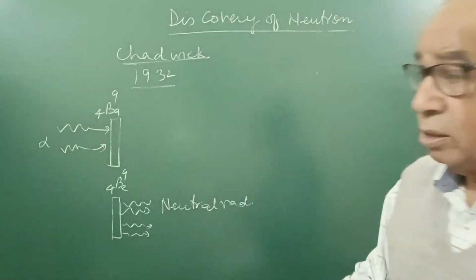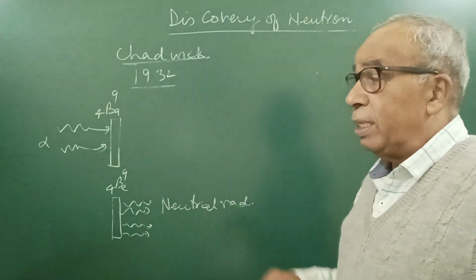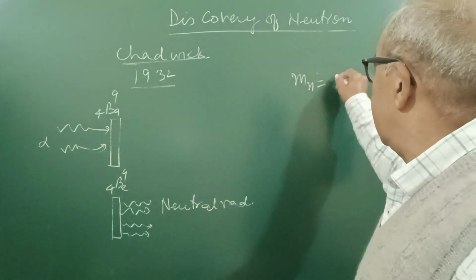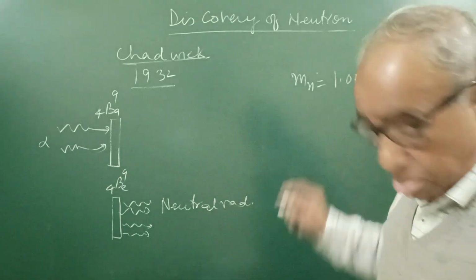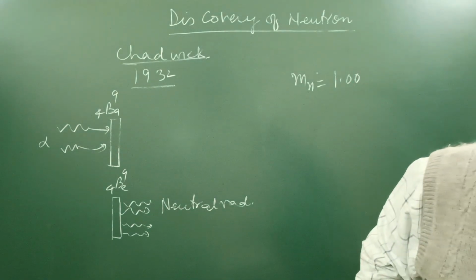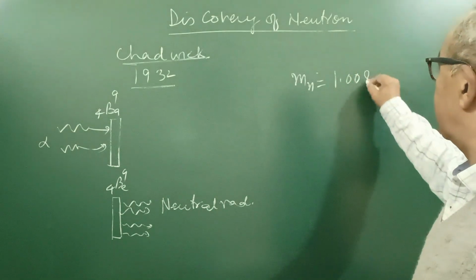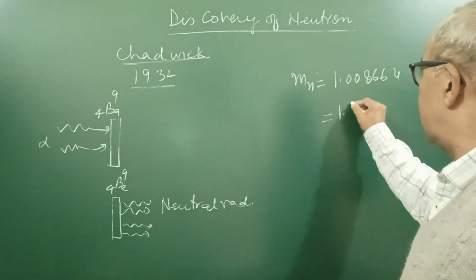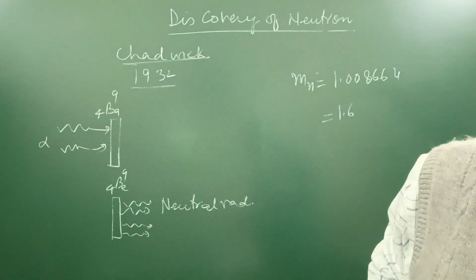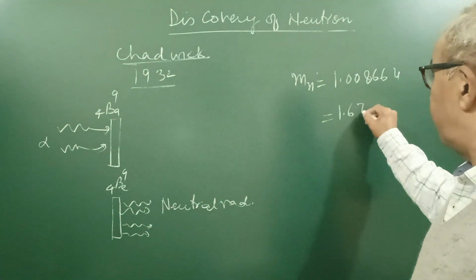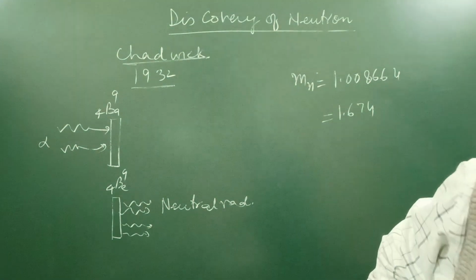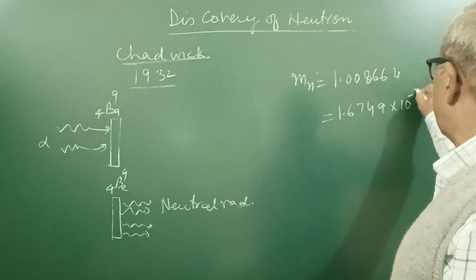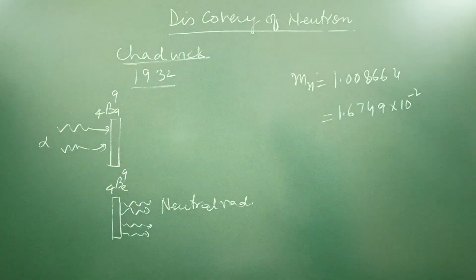By accurate measurement, the mass of the neutron is nearly 1.00866 U, or equal to 1.6749 times 10 to the power minus 27 kg.